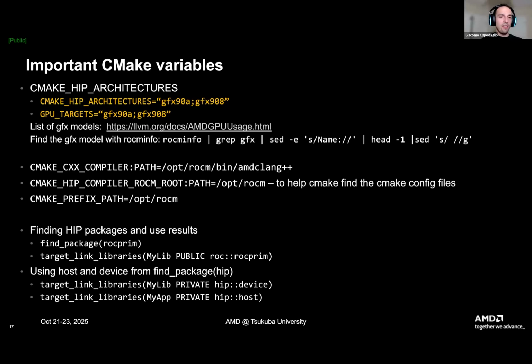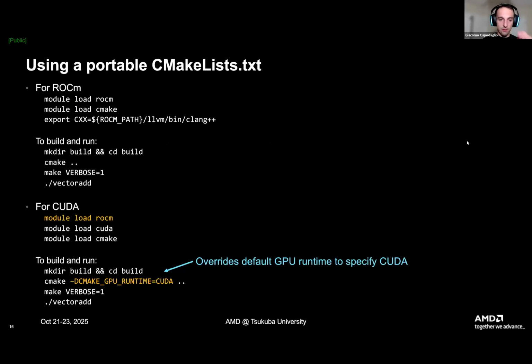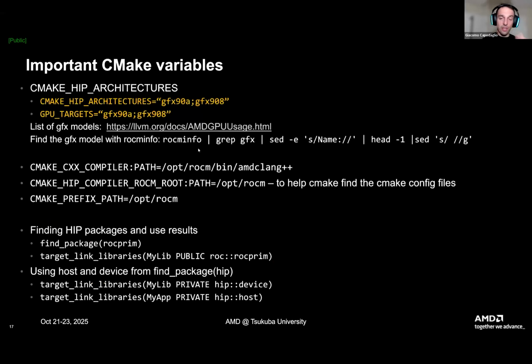And you can find that with rocminfo as we are showing here, so you didn't have to memorize it. With rocminfo, you can find the GFX architecture on the system. So if you want to cross compile, then you'll have to specify the one you want. But if you always want to compile for the one you have on the system, then you can auto detect it with rocminfo.